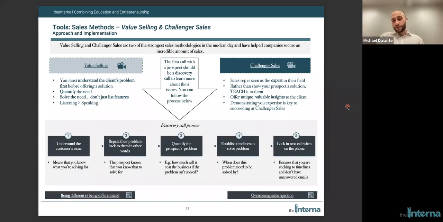Now, I have a feature that allows you to solve that problem for £200. So you're quantifying in the mind of that customer the value that you're delivering.